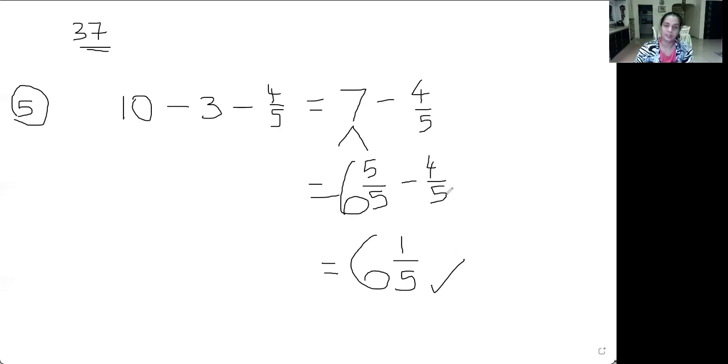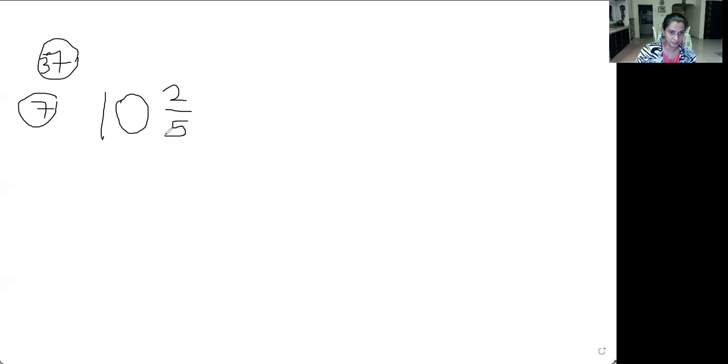All right, let's do one more difficult question on page 37, question 7. I'm looking at question 7. So that would be 10 2/5, which is a mixed number, minus 7 1/10.